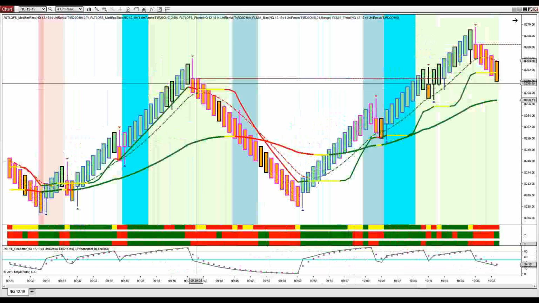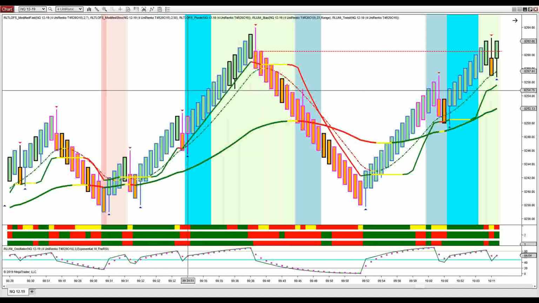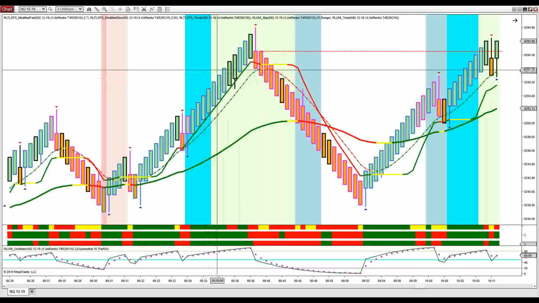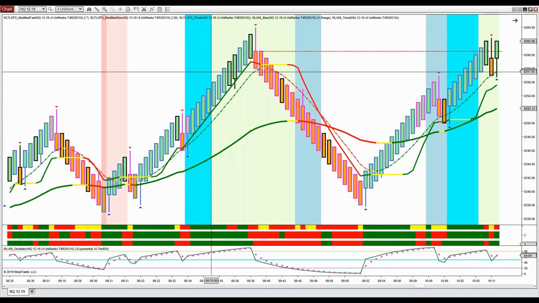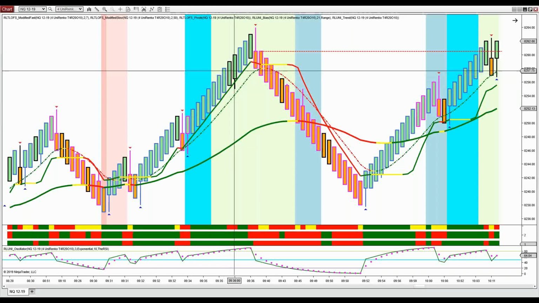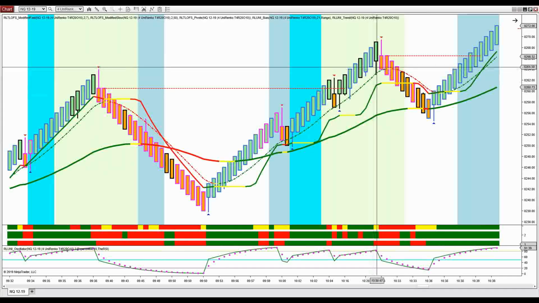And you'll notice that when you have an up color, cyan's pretty powerful, but it's not going to be good enough for the bot. The auto trader system has to have green. Price almost always rises. Right here, price rises.